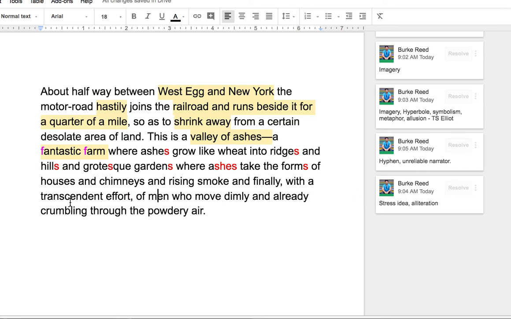Transcendent effort. This could go back to some of the social commentary of Fitzgerald here. We talked about this in class, but I'll just reiterate: you have what looks like a tremendous amount of decay, and then you have this transcendent effort by men who are working in these neighborhoods, and as they are working, they are rising above the hardships of their everyday life.